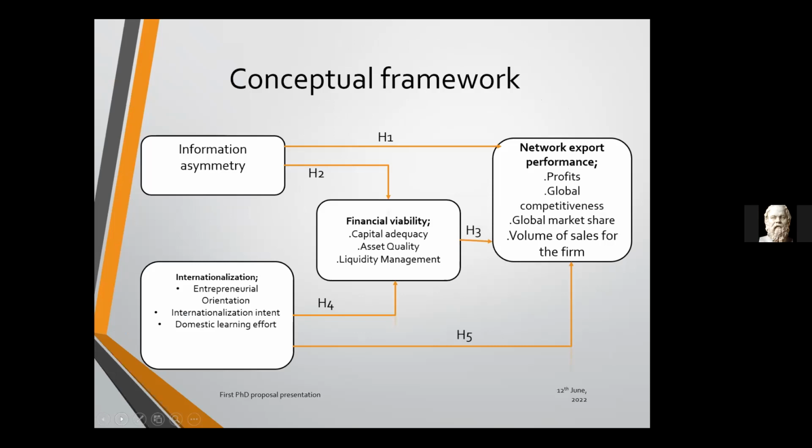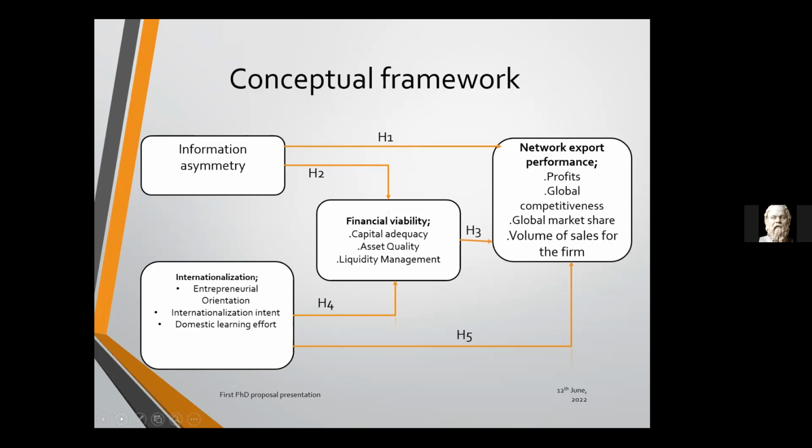So the assumption here is that because of the limitations of the previous studies by scholars in export business, the concept of network performance, export performance, comes up because you have varying participants in exporting networks.